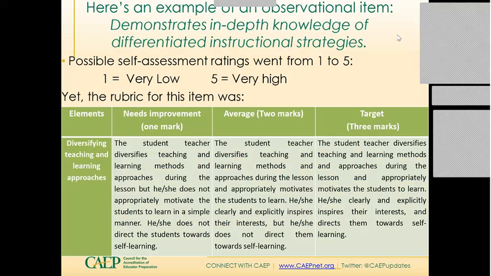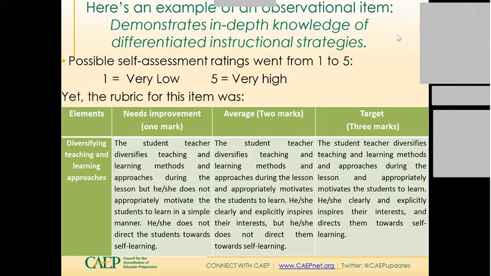One, it was on a self-assessment rating that went from 1 to 5, and the candidate self-assessed whether they felt they demonstrated in-depth knowledge of differentiated instructional strategies. All that the rubric provided there was really a rating scale. All it provided was very low to very high, and there was no definition of what that meant at all.